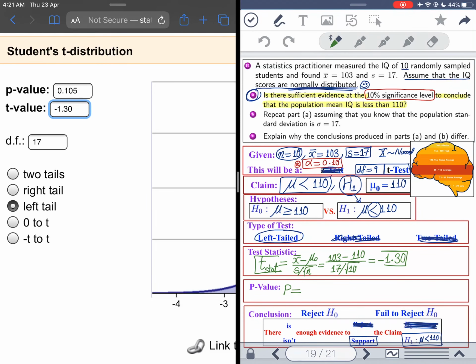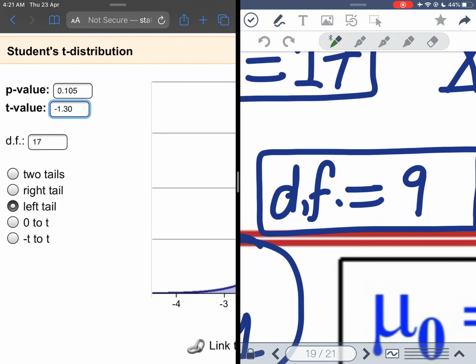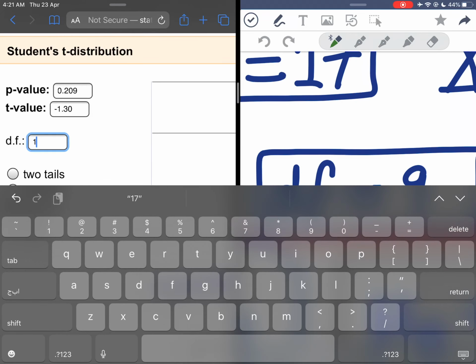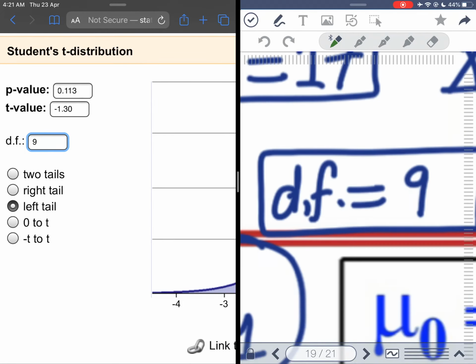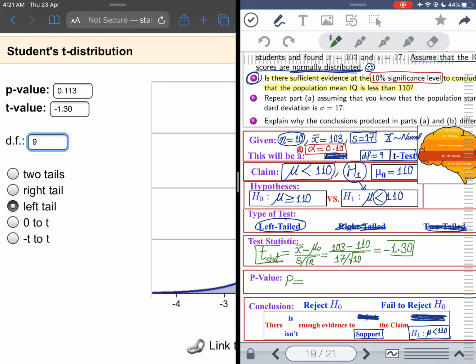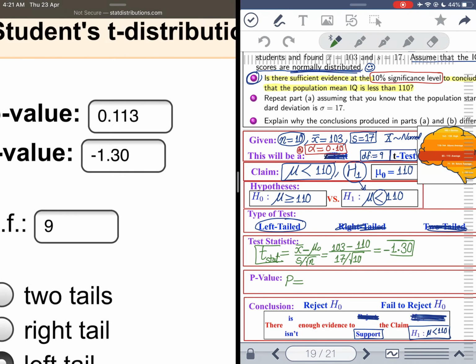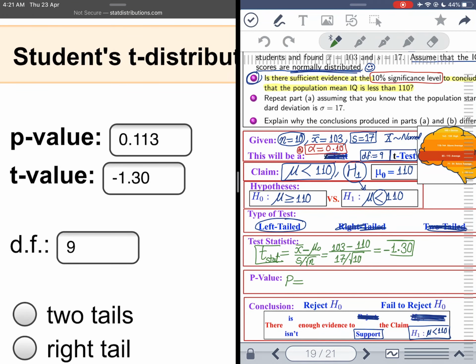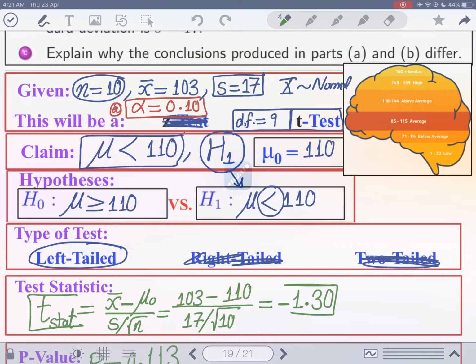And the degrees of freedom, remember, degrees of freedom is 9 because the sample size is 10. So we put here 9. And it is a left-tailed test. So keep it on left-tailed. It was left-tailed in the previous one. So the p-value is 0.113.